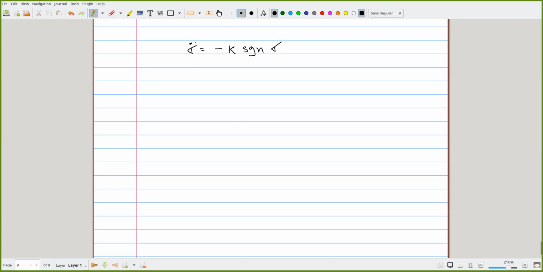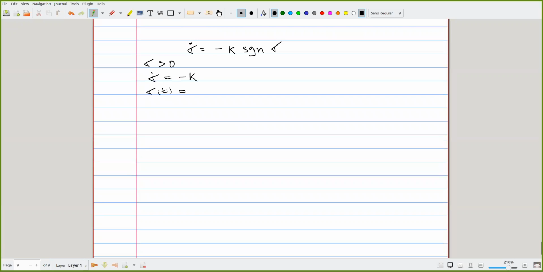The first way is, probably, we can separate this differential equation according to sigma. Let's say when sigma is greater than 0, assume sigma is greater than 0, then sigma dot is equal to minus k, right? And then we can just integrate this equation. The solution of this equation we can find, and then we will find that sigma of t becomes 0 in finite time.